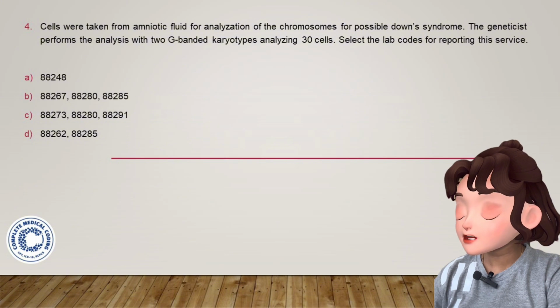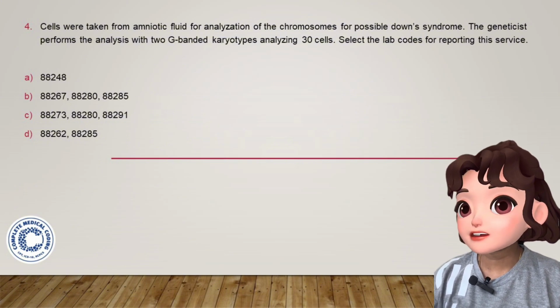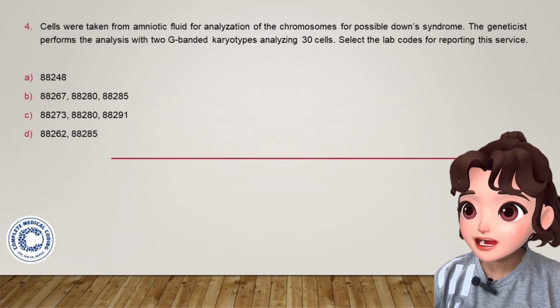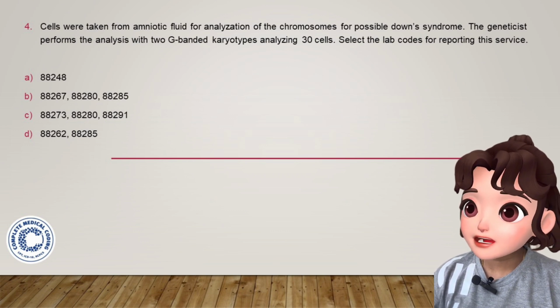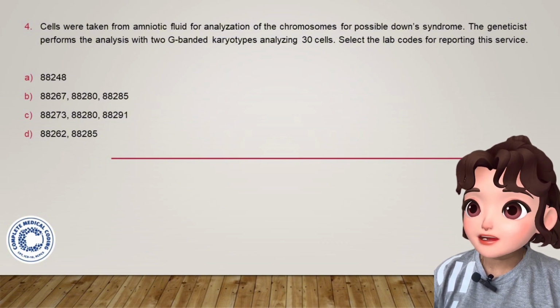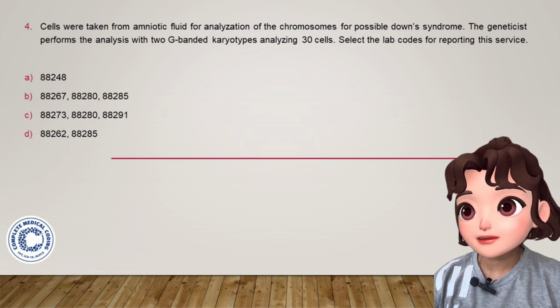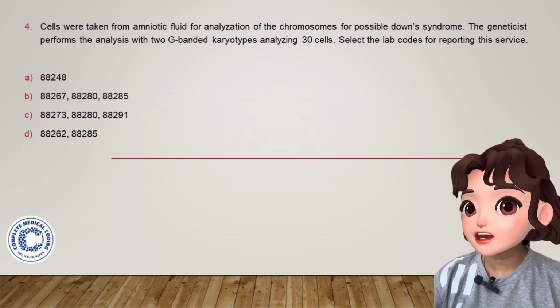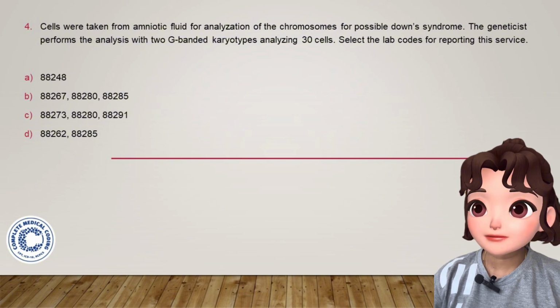Now what is 88285? Additional cells counted, each study. So we had taken initially 15 cells, code for 15 cells is 88267. Additional cells, code for additional cells is 88285. And for two karyotypes, the first code 88267 is only one karyotype. So for two karyotypes, each additional karyotype is mentioned there, the second code 88280.